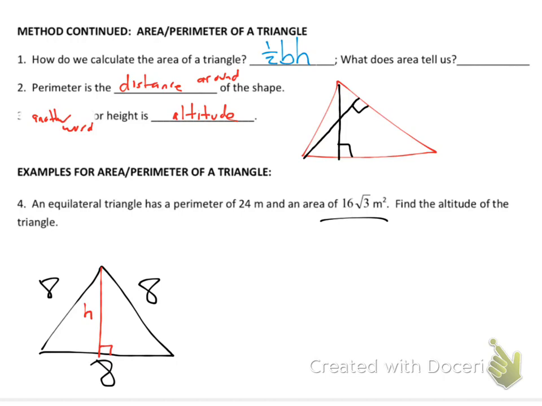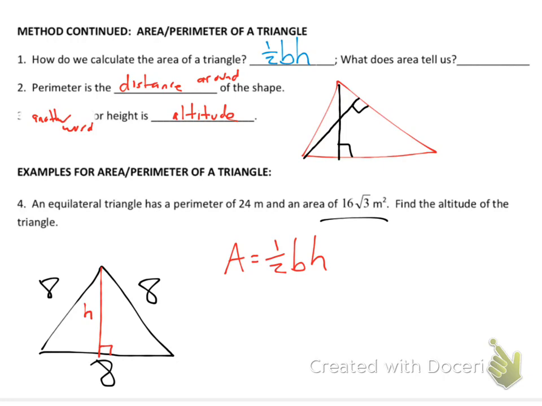So maybe what I need to do is go up here and say, hey, there's a formula for area. And that formula is A equals 1/2 base times height. The question is, there are 3 different variables in that equation. A, B, and H. You need to know 2 of those to solve for the last one.